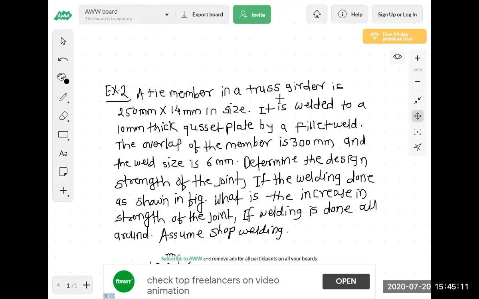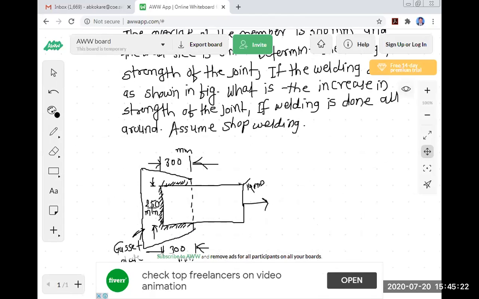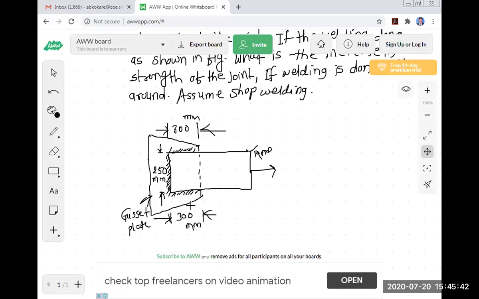Here the width of the plate or girder is 250 mm and the thickness of the girder is 14 mm. Then the 300 mm weld length is also given.